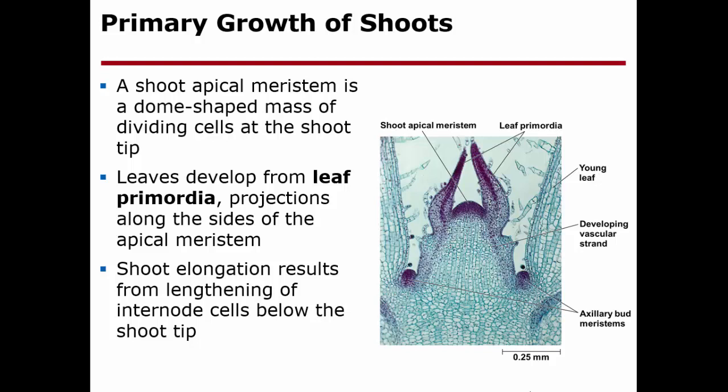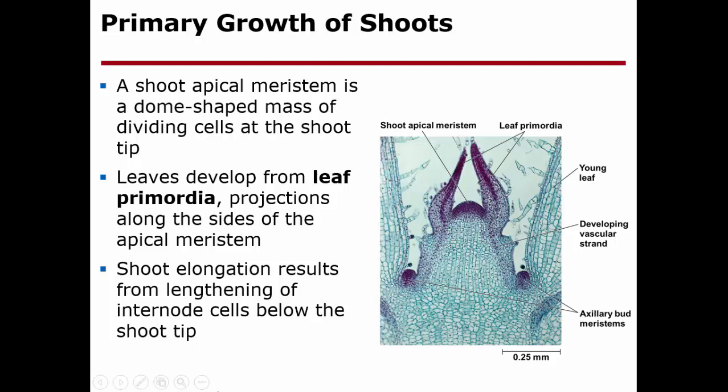On a shoot, we have additional structures forming called leaf primordia. These are the beginnings of new leaves forming along the sides of an apical meristem.